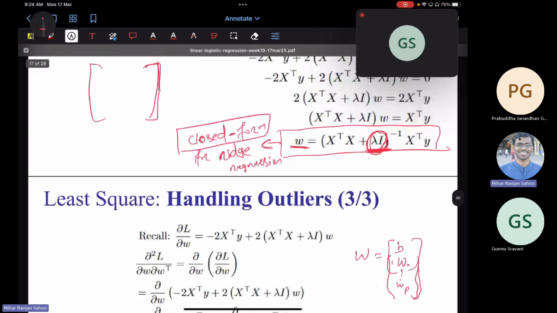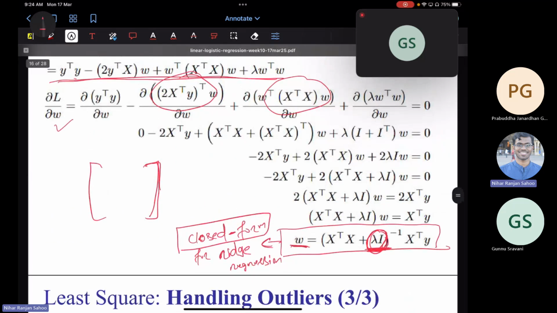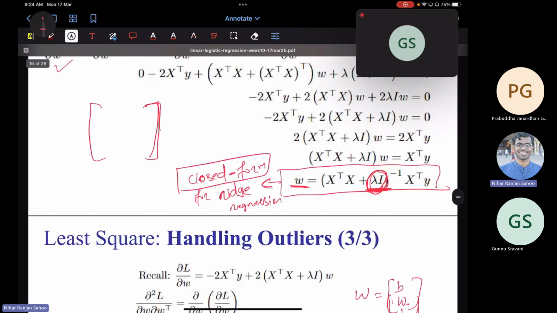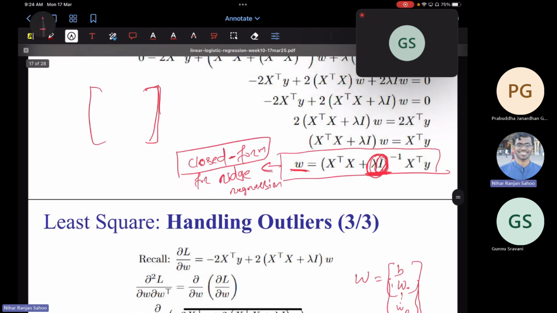Actually, when you solve this and open all these things, this I is not exactly I. It is 0 for b and 1 for all other entries, right?